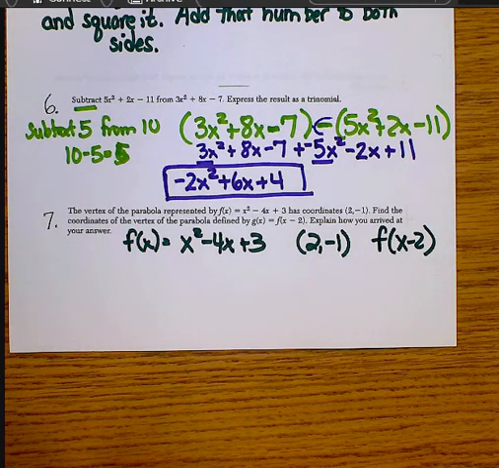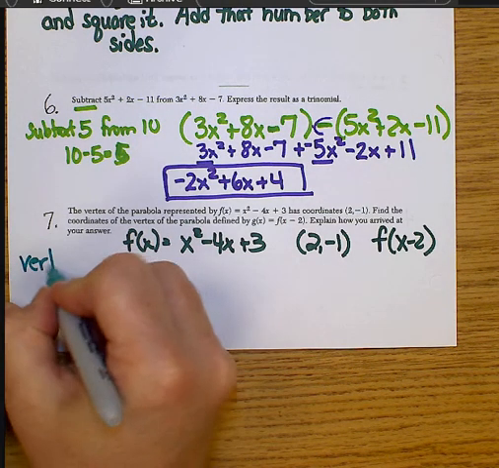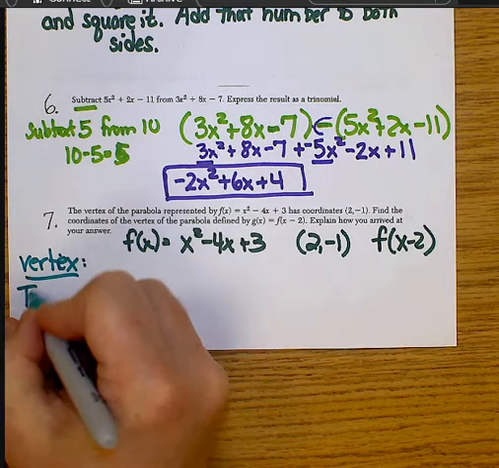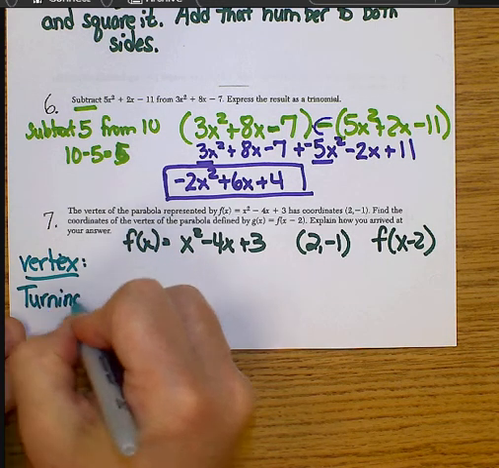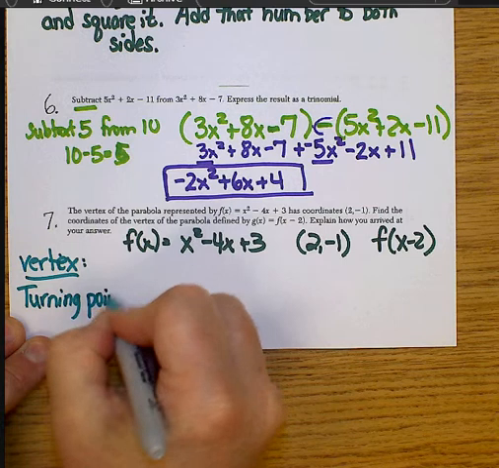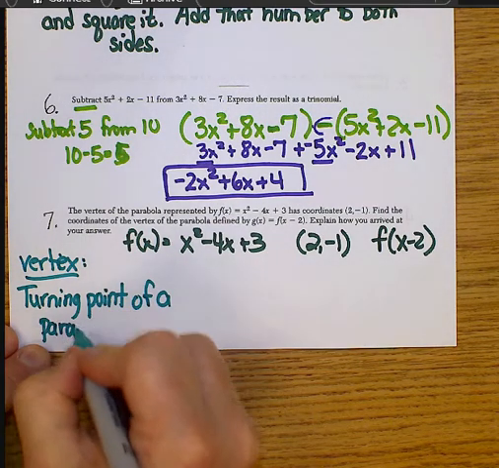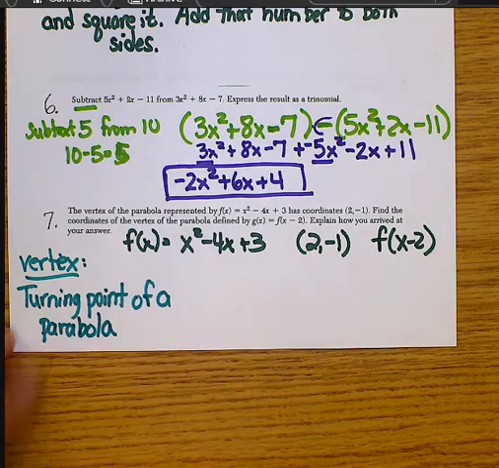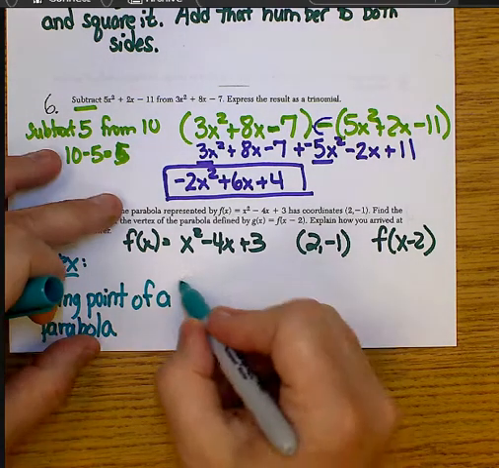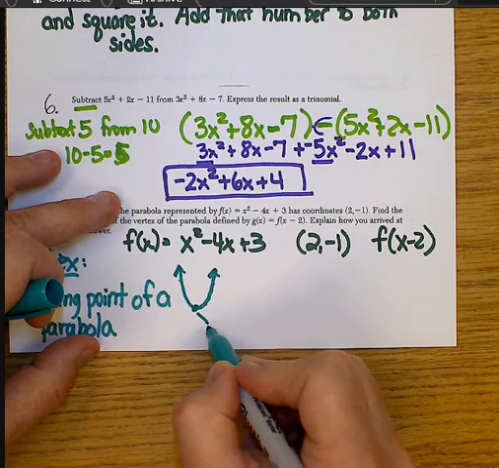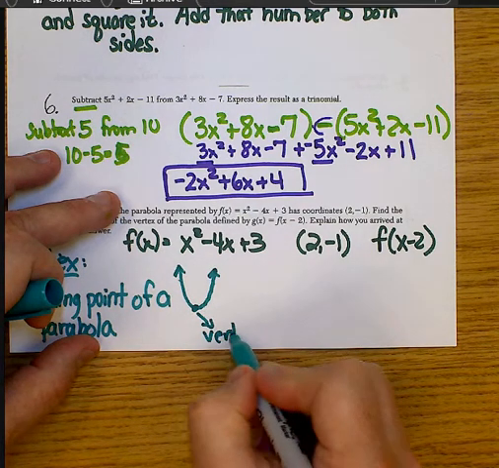The one thing that we're supposed to remember is what is a vertex? Okay? Vertex is the turning point of a parabola. It's where the parabola turns. So if I have a parabola that I'm graphing, this here is the vertex.